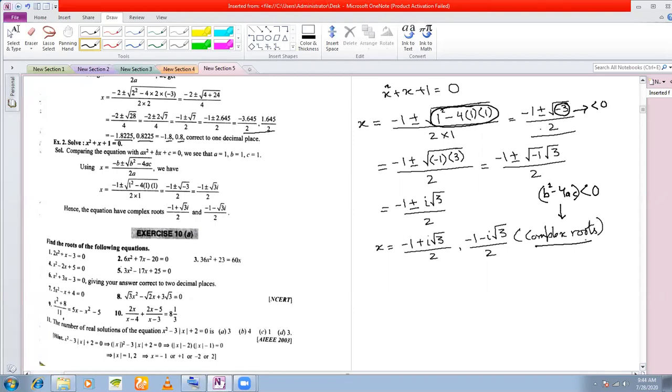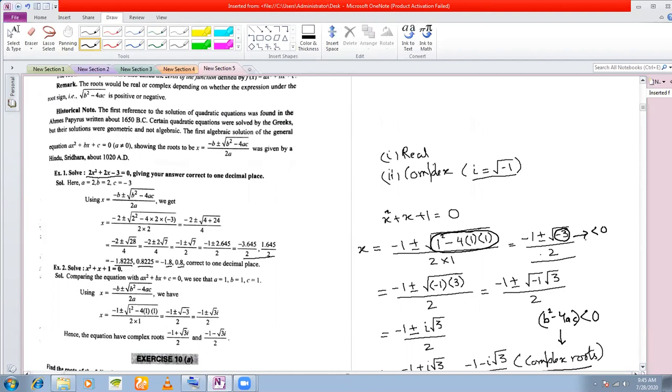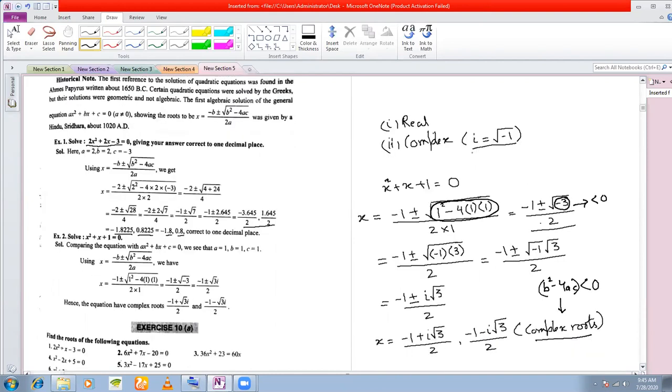Okay. Now we'll be dealing in detail with complex numbers later on. For the time being, just know that in complex numbers, your i is defined as the square root of minus 1.